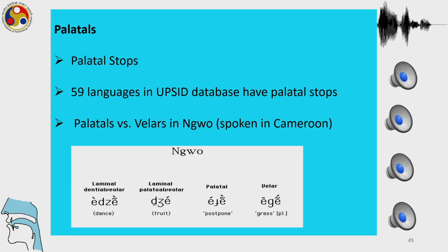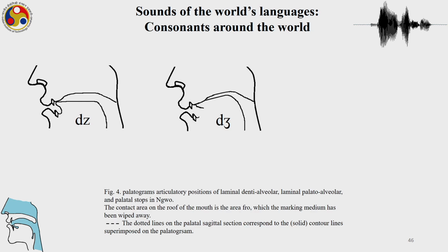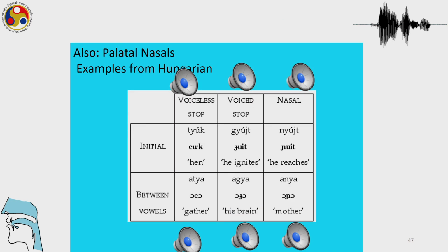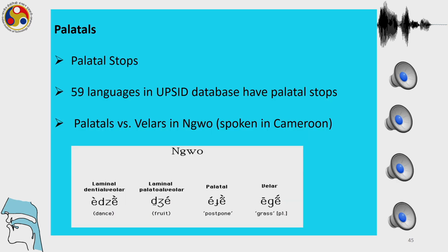And we stopped at the palatal region in the last class, and we saw how languages can have dentialveolar, laminal, palatalveolar, palatal, and velar, 4 regions that the stops can contrast.